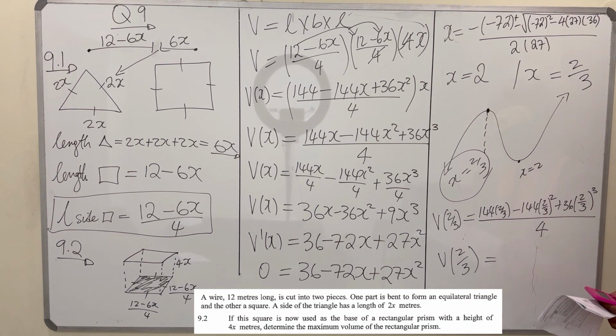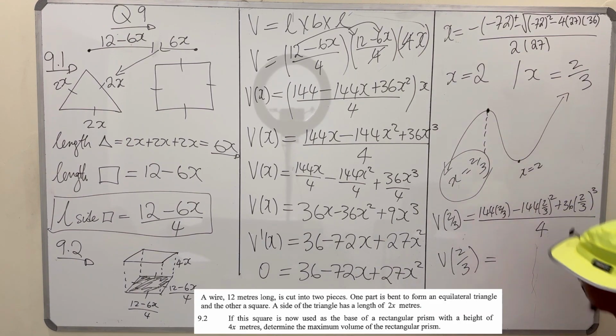So you can see what we get. We have 144 into 2 over 3, minus 144 times 2 over 3 squared, plus 36 into 2 over 3 cubed, times 1 over 4.